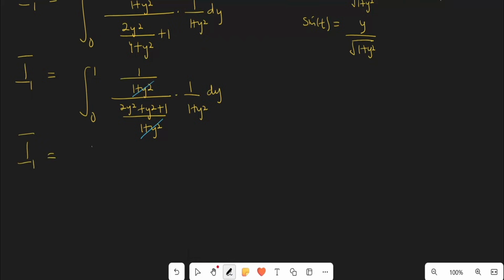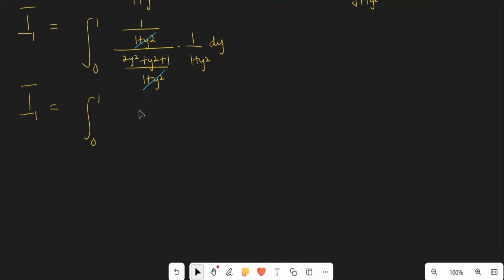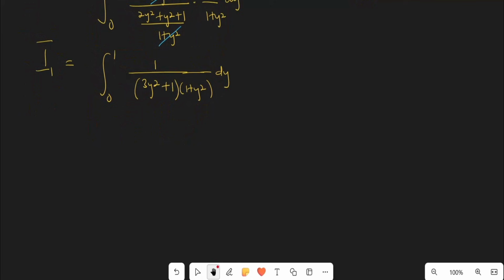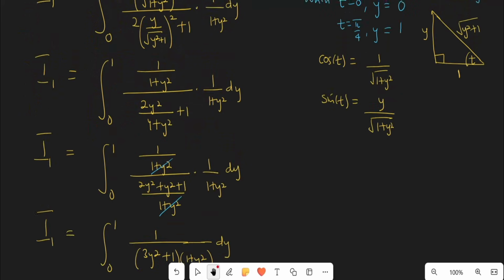I1 is going to be the integral from 0 to 1 of 1 over 2y squared plus y squared, which is 3y squared plus 1, multiplied by 1 plus y squared, and then dy. So now this is what our integral has been reduced to.